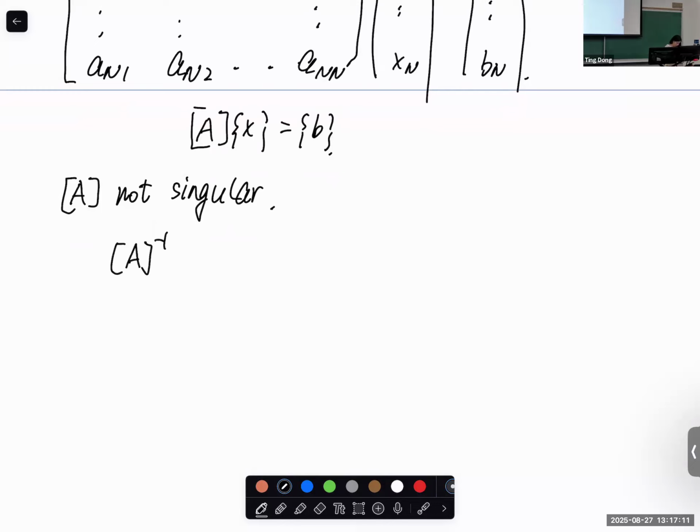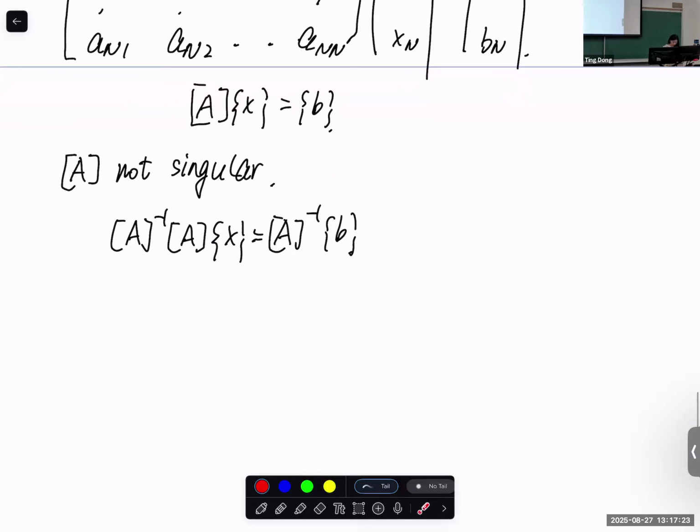We put A inverse on both sides, equal to A inverse times B. And of course, A inverse times A equals the identity matrix. Identity matrix times x equals x, right? So this is how we solve this unknown vector x. It should be equal to A inverse times B.